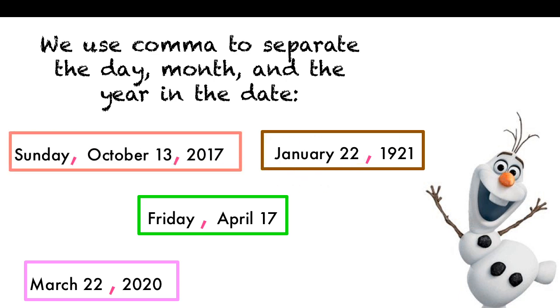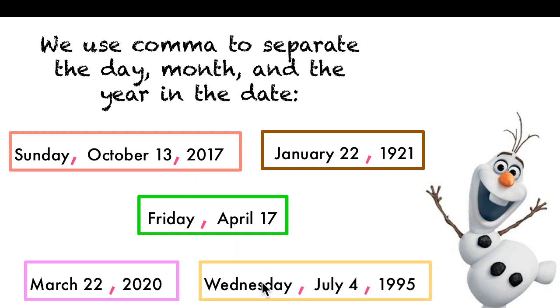Here we have a little bit longer date. Here we have a day, month, and a year. We will use two commas. Sunday, comma, month with the number 13, comma, and the year 2017. So we separate the day from the month and from the year using two commas now.